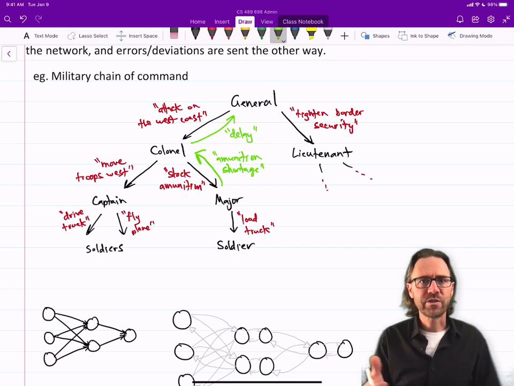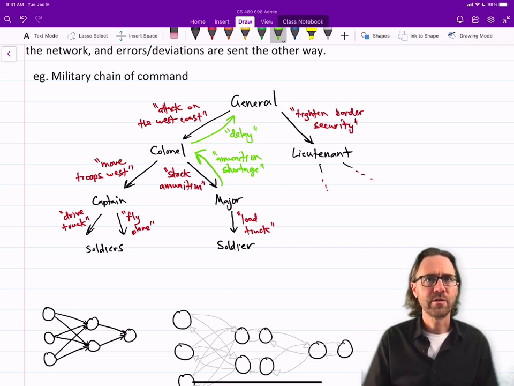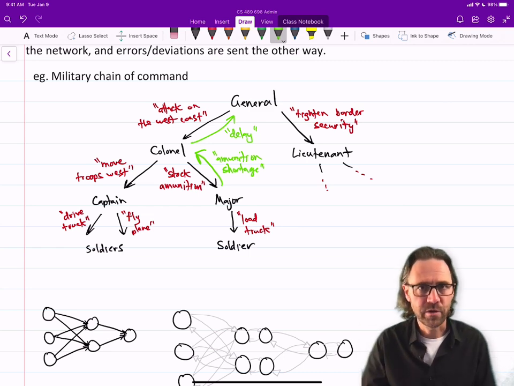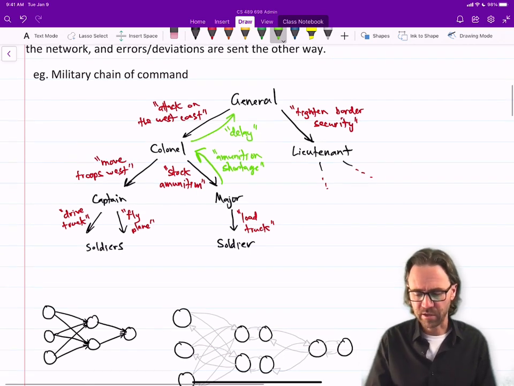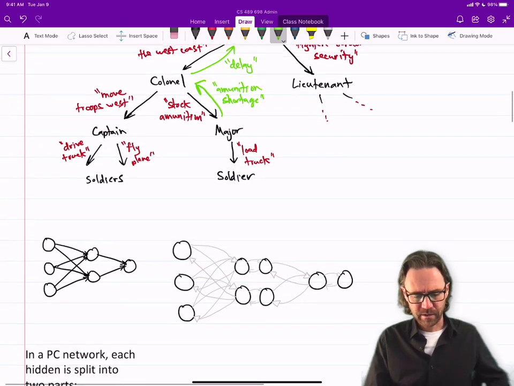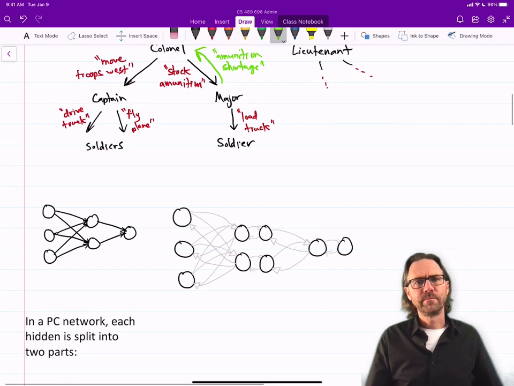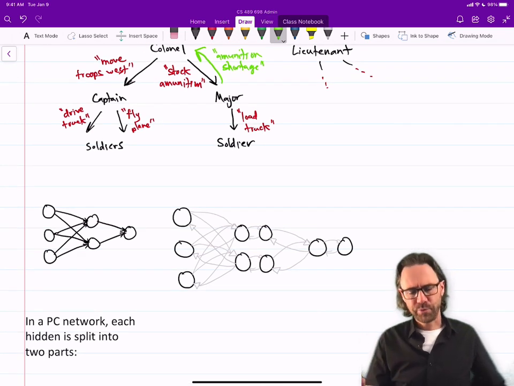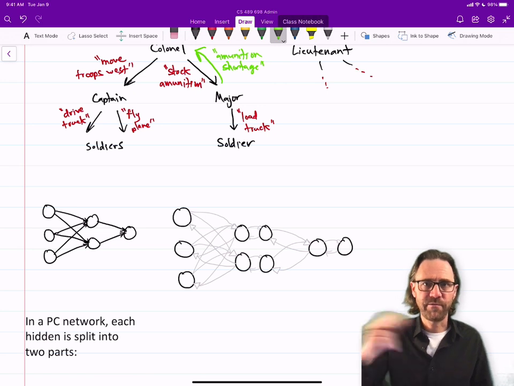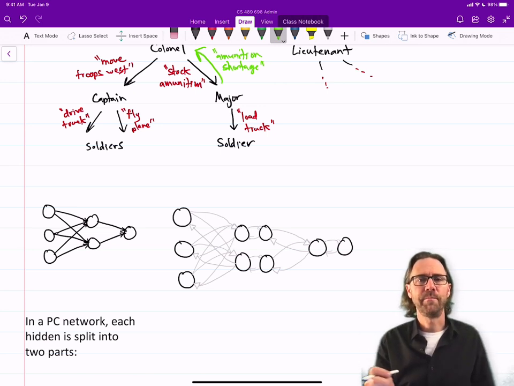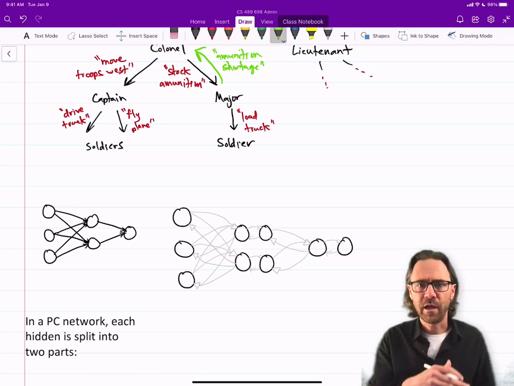So it's efficient in terms of the commands going in one direction, and the errors being sent up don't have to be encoded unless there's a delta that they need to report. So that's the idea behind predictive coding networks, this forward and backwards flow of information, and one of the directions is only errors.